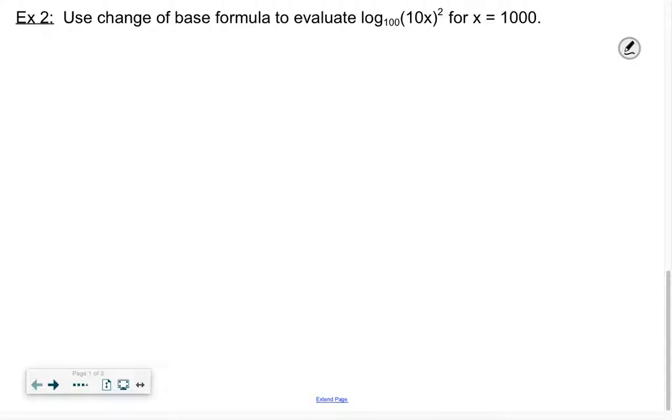Let's go ahead and do this again. So there's our log. The x value that we're going to evaluate for is 1,000. And this time I want you to walk me through my steps. So what do we do next?